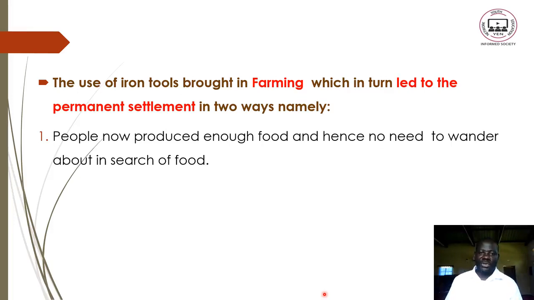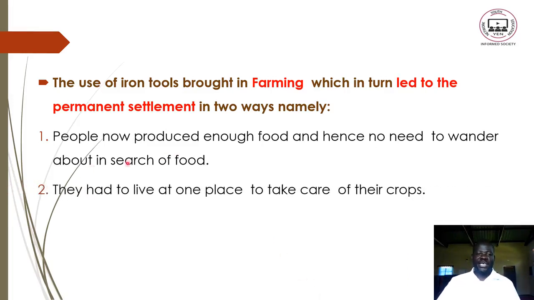But then the introduction of iron tools brought in farming, and that farming led to permanent settlement. Why? Because people were now producing enough food; earlier on they were moving to look for fruits, but now they were growing food. Therefore, there was no need to move from place to place, and they were living permanently.